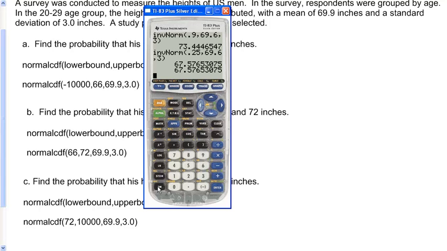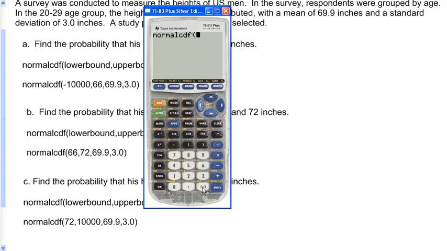So we're going to do the first one, and I'm going to clear this out because that's where I had worked another type of problem. I'm going to go to second distribution, and I'm going to start off just doing the normal cumulative distribution, which is number 2.